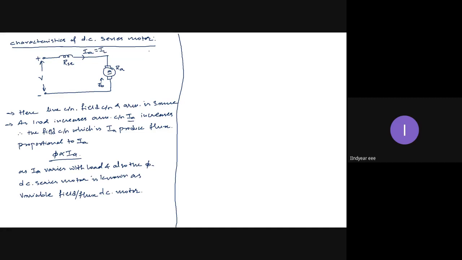Whereas in an electromagnet, the magnetic properties depend entirely upon the number of turns and the current flowing through it. Now let us assume an electromagnetic coil, a simple inductive coil, which is carrying some current I, and the moment it carries current I, it will create a flux phi.